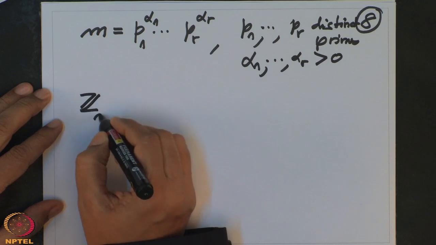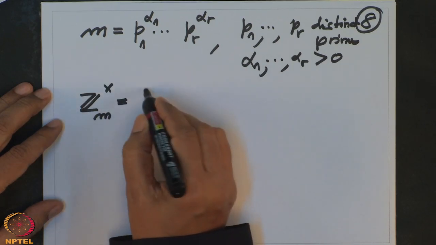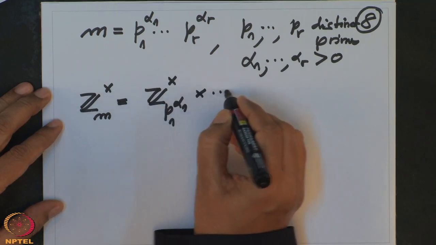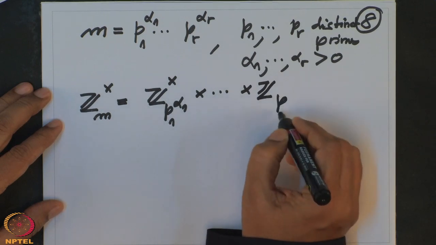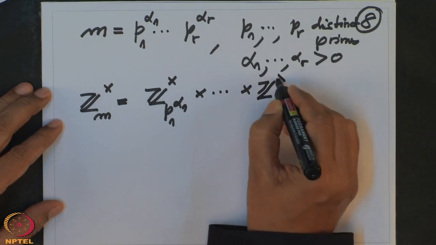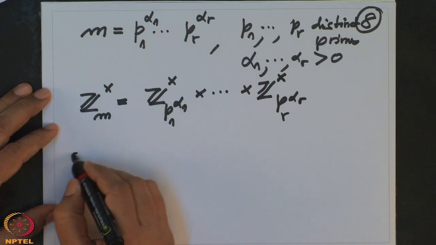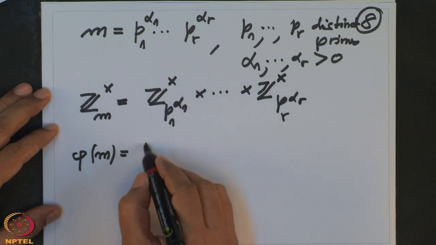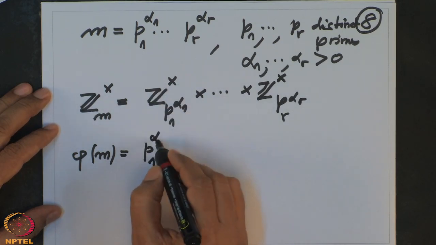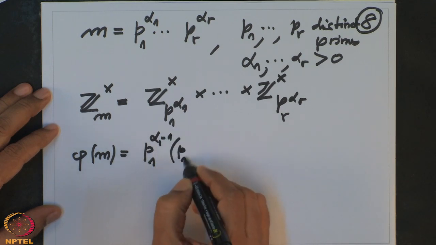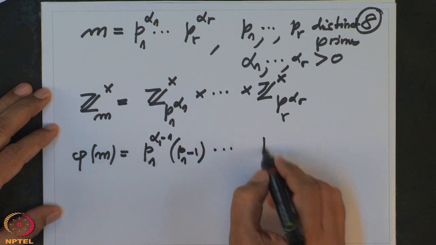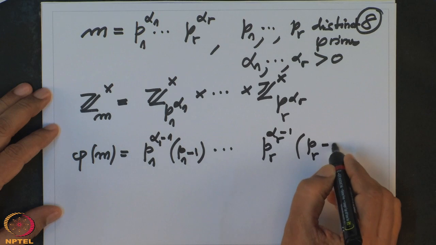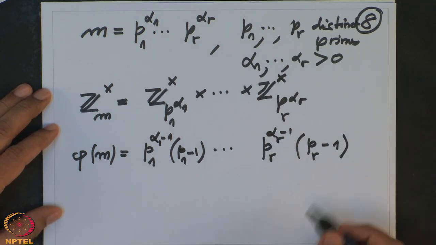Then Z mod m cross is precisely Z mod p1 to the alpha 1 cross, ..., Z mod pr to the alpha r cross. Therefore, their orders are equal, that is phi m equal to order of this group, that is obviously p1 to the alpha 1 minus 1 times p1 minus 1 and so on, pr to the alpha r minus 1 times pr minus 1. So nice formula for phi.